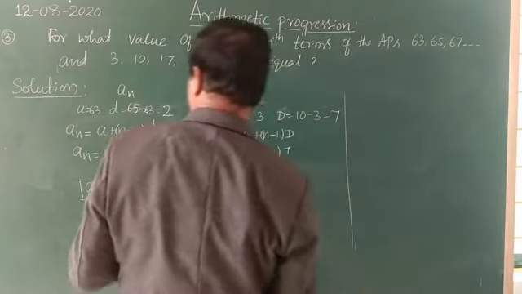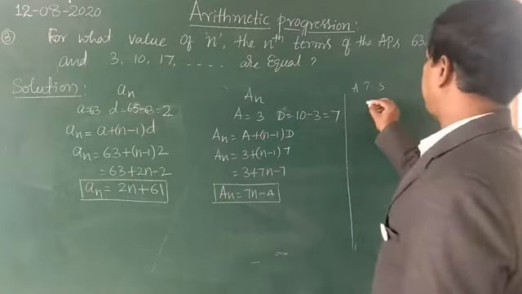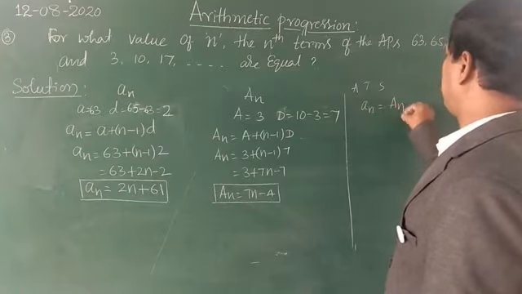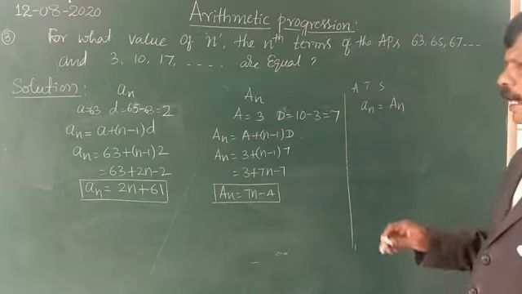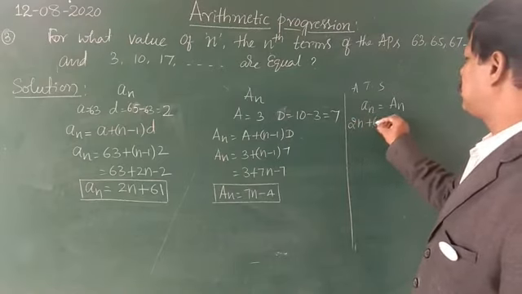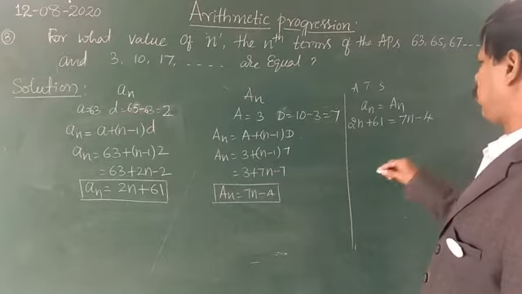Now after this, write down according to the statement. What is that? The nth terms are equal. an is equal to an. Then here 2n plus 61 is equal to 7n minus 4.